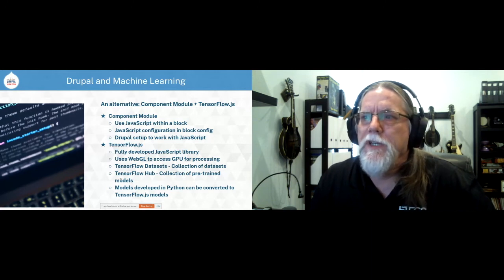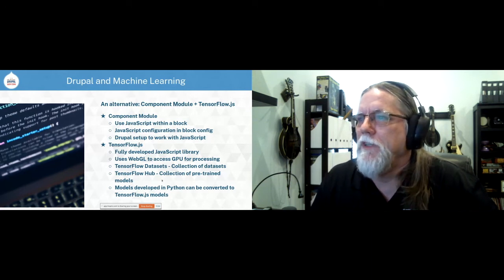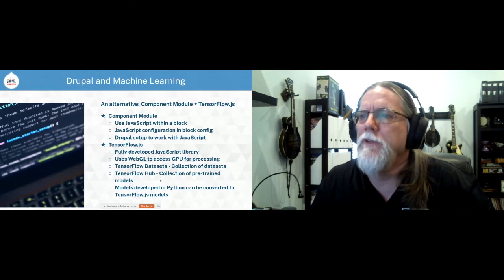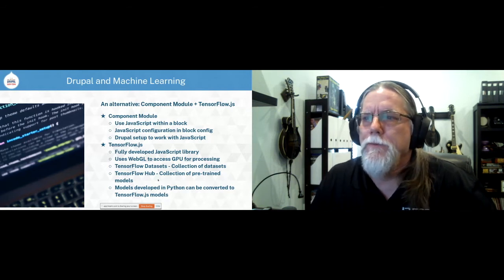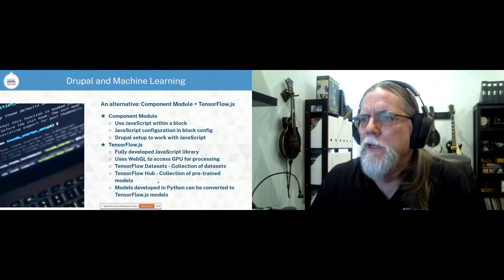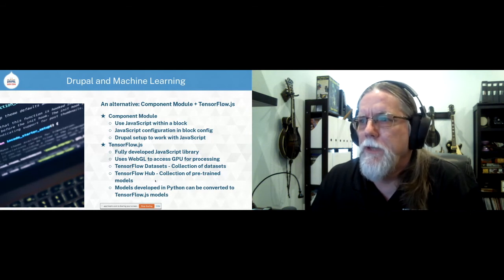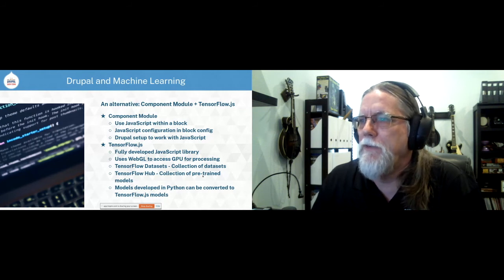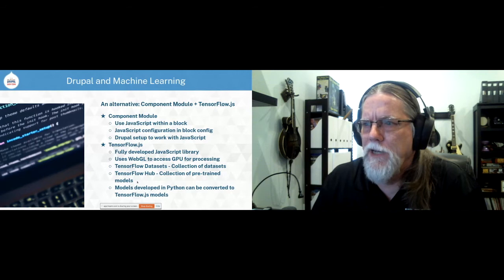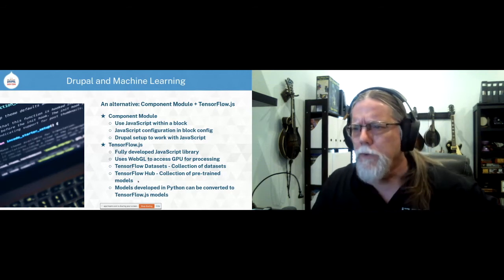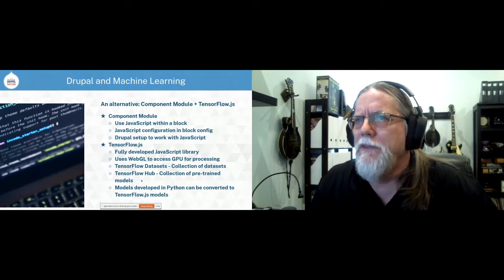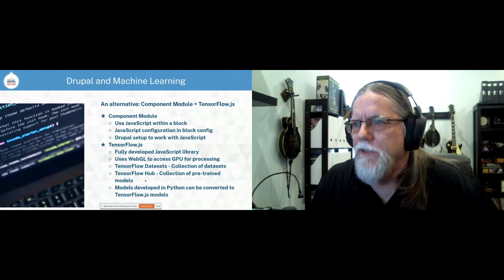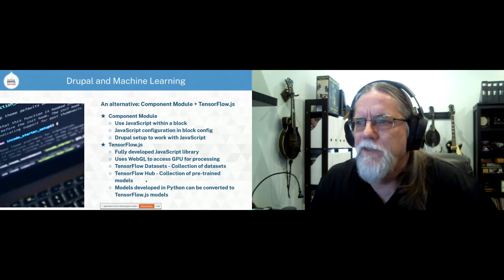And they've also set up TensorFlow Hub, which is a collection of pre-trained models. One of the things that you can do in TensorFlow is something called transfer learning. You can take one of these pre-trained models, say ResNet 50, which I think recognizes about 1,000 different objects for classification.